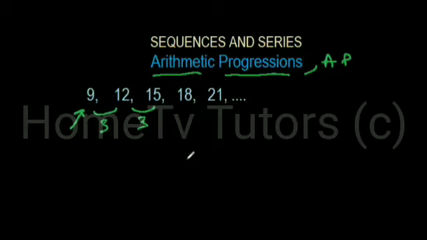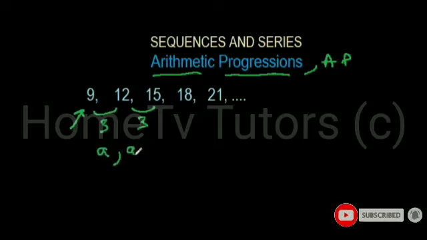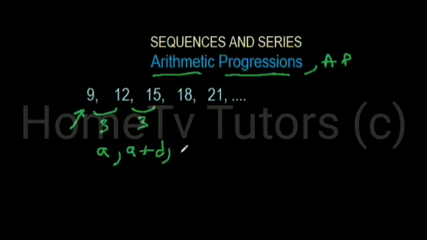The following sequence represents a general arithmetic progression: the first term a, then a plus the common difference, then a plus 2 times the common difference, then a plus 3 times the common difference, and so on.